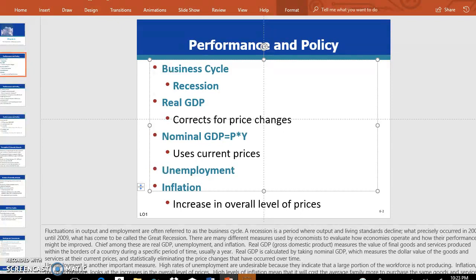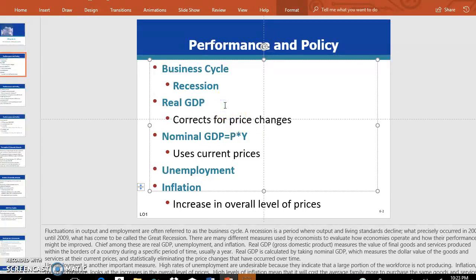So you see GDP can change even if output doesn't change. Even if output is stagnant, with prices alone changing, we can see a change in GDP. The GDP that we calculate without adjusting for this change in price, without adjusting for this inflation, we call nominal GDP.